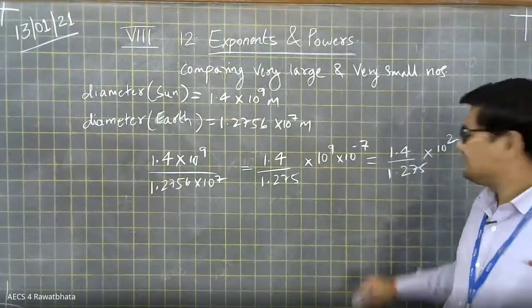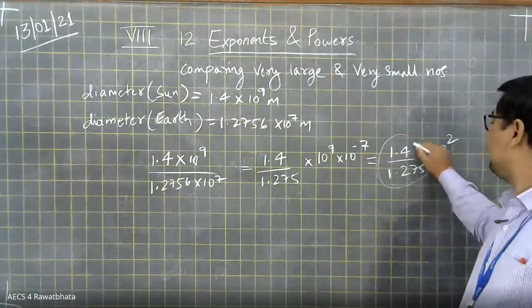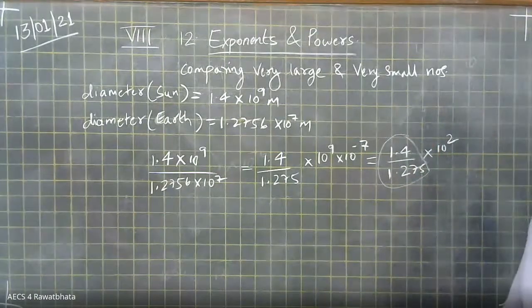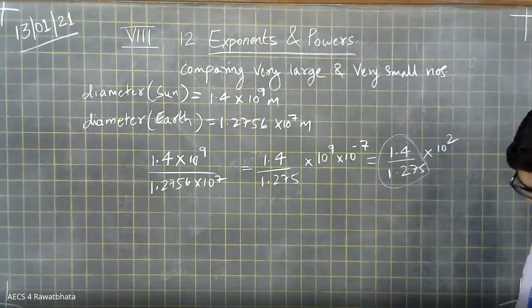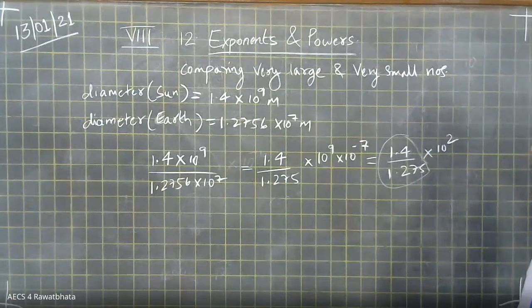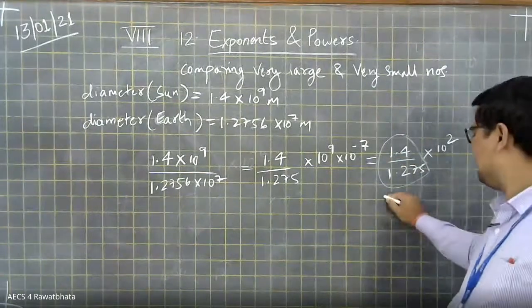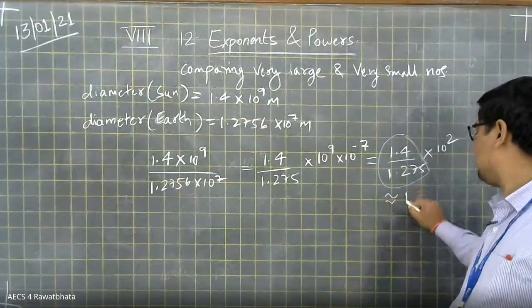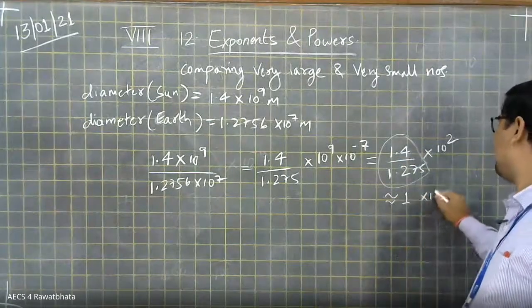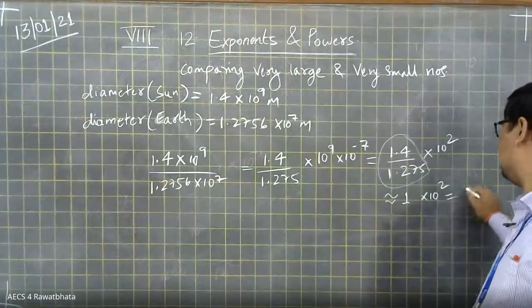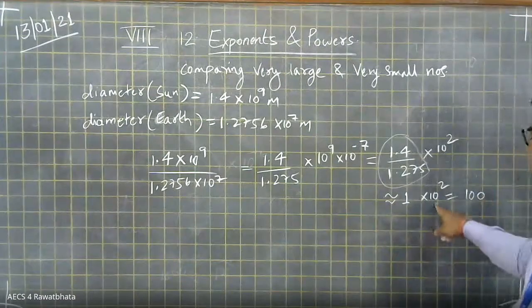Now this quantity here is nearly 1. So we can write that the diameter of the sun is nearly 1 into 10 power 2. 10 power 2 is 100. 1 into 100 is 100.